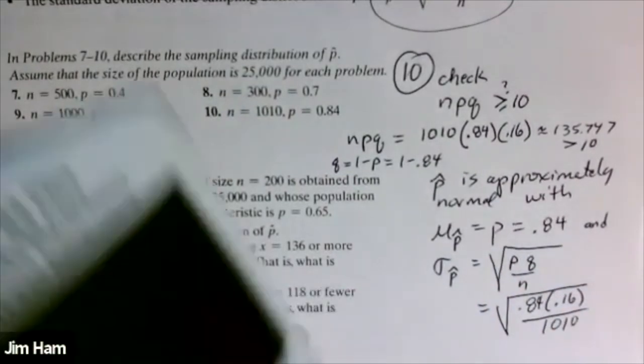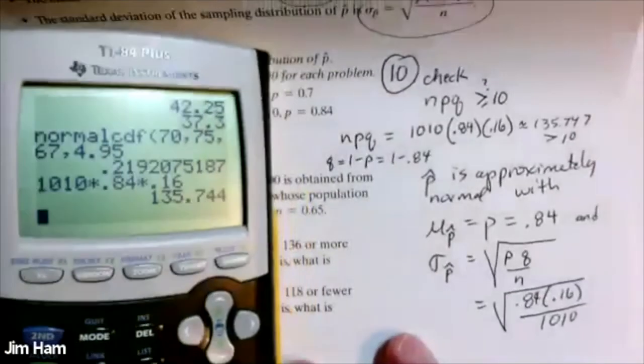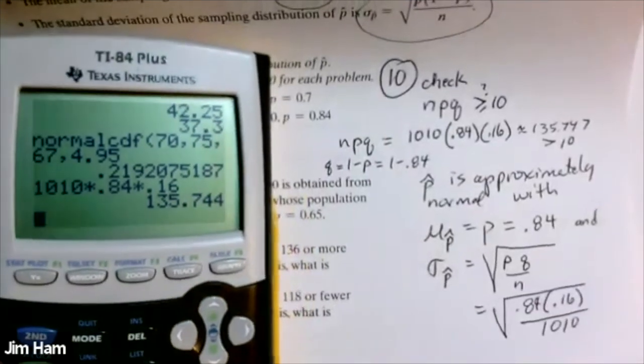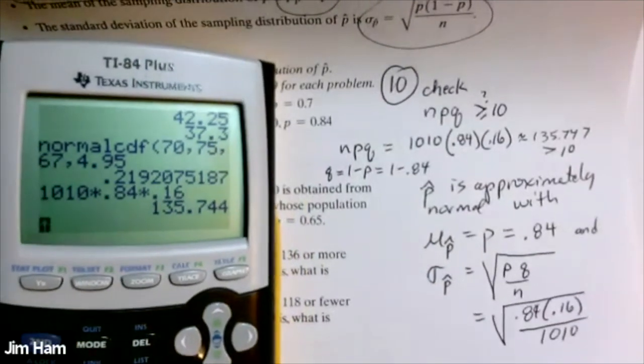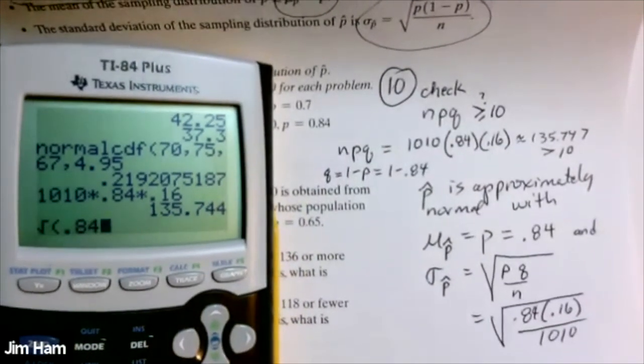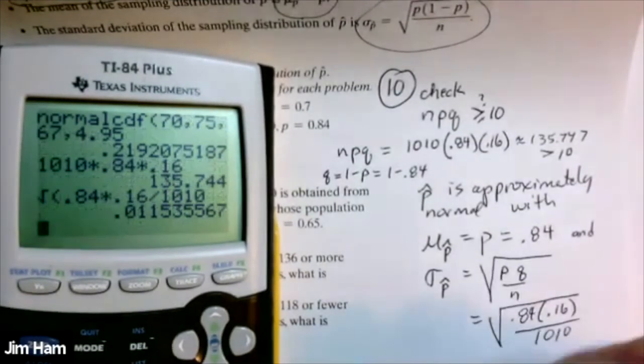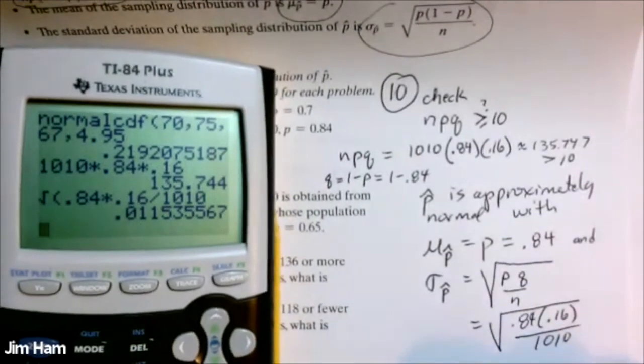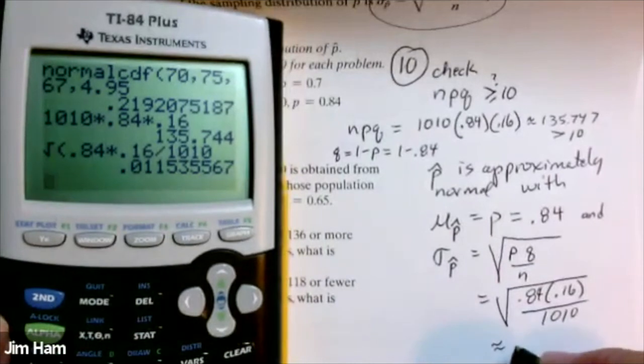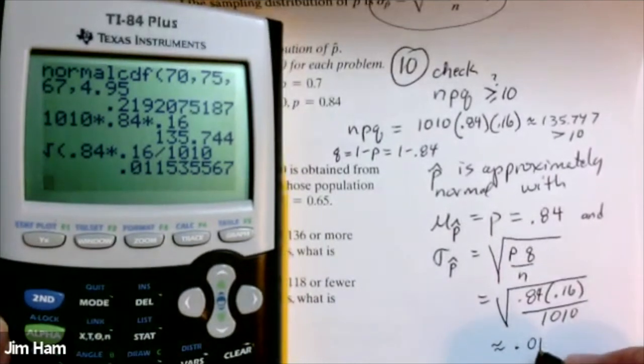And that's going to be a very tiny number. Remember, these are proportions. That number is approximately 0.0115.